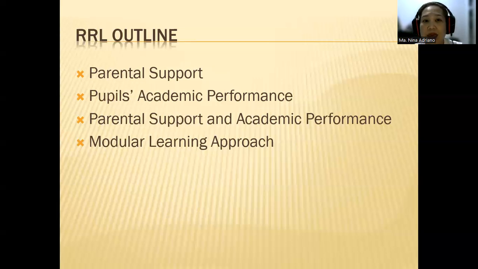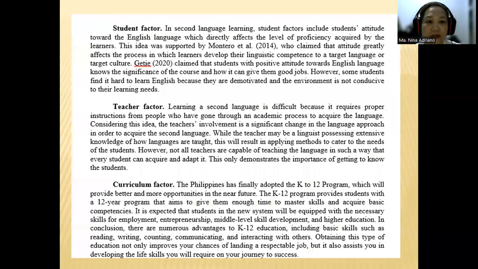Okay, so any study that used the context of modular learning approach, discuss it under that particular heading. Okay, so this is how your RRL should look. Ganyan yung mga subheadings niya. Halimbawa, if you have student factor as your subheading, then all here, kaya lang may another subheading dito para lang makita nyo.